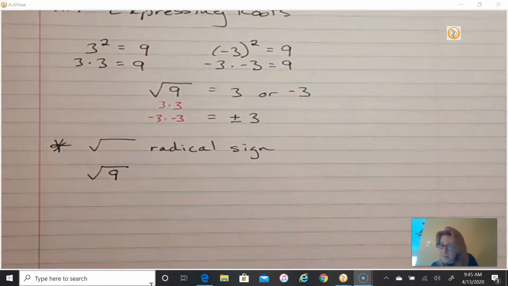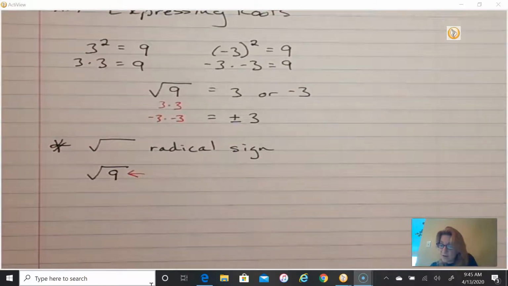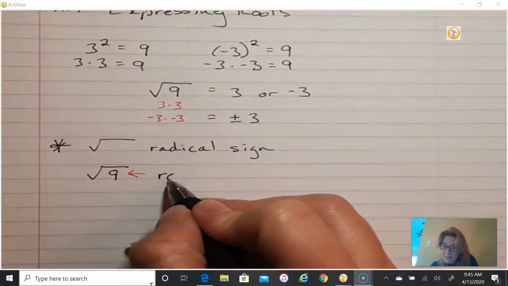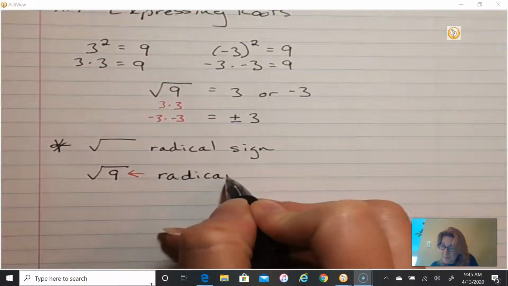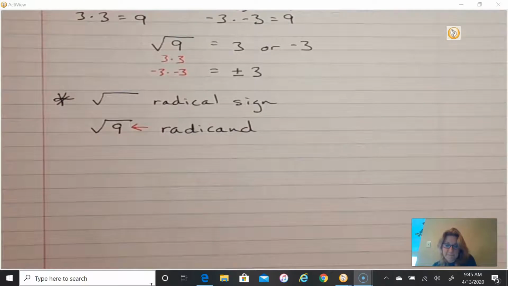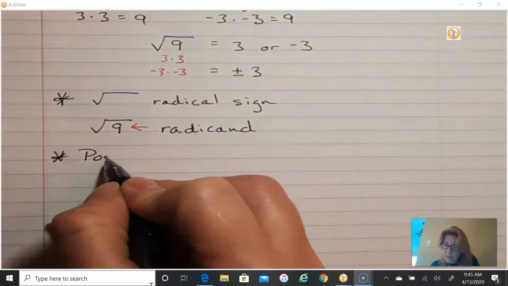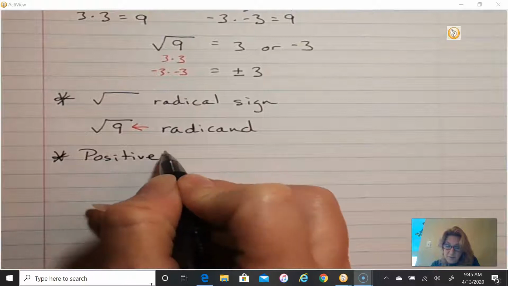That 9 in there, that's called the radicand. Radicand. Okay? All right. It's positive.